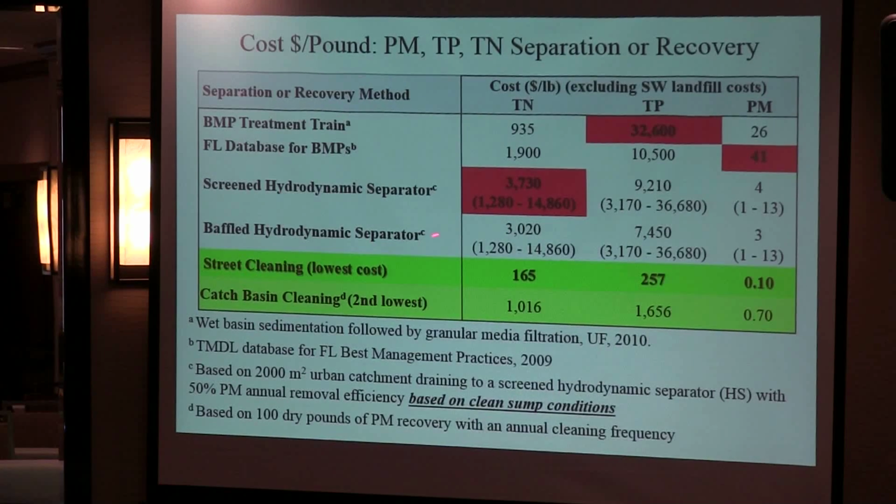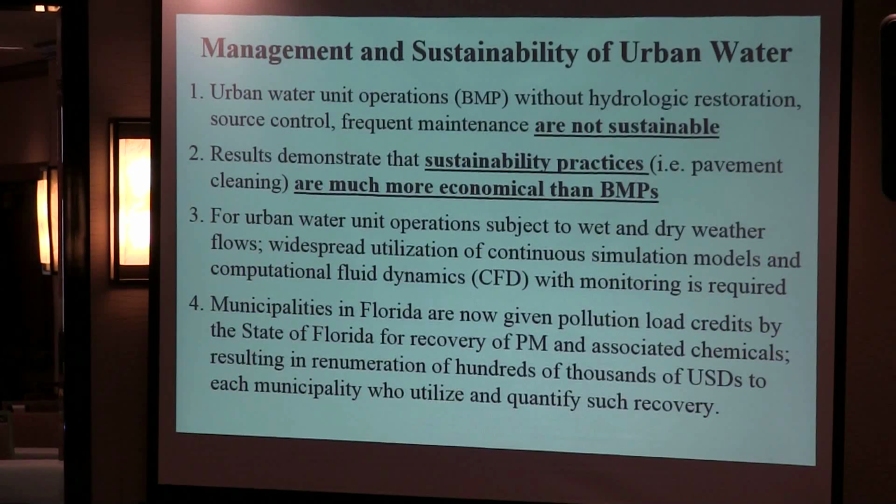Maybe not as exciting, but they are far more economical. For example, street sweeping cost for nitrogen, not $3,700 per pound, but $165, and total phosphorus down at $257 compared to $32,000. In fact, this program has been so successful that most of the cities in Florida have adopted quantifiable maintenance practices, and now are getting credits in their basin management action plans.